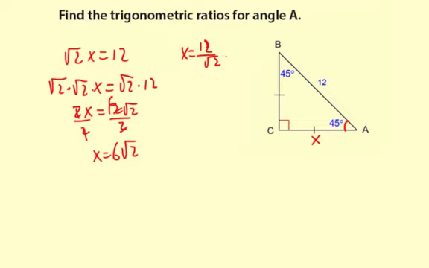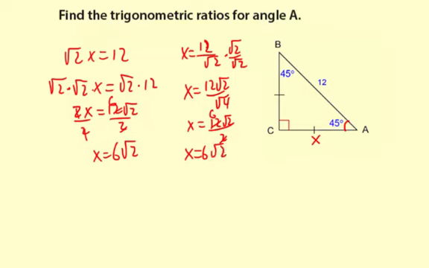So you're going to multiply by square root 2 over square root 2, and that creates x equals 12 square root 2 over square root 4, which is the same thing as 12 square root 2 divided by 2, and the 12 and the 2 reduced to a 6, and you get x equals 6 square root 2. Okay, so those are two different ways to find this side x. So this is 6 square root 2, and this is 6 square root 2.